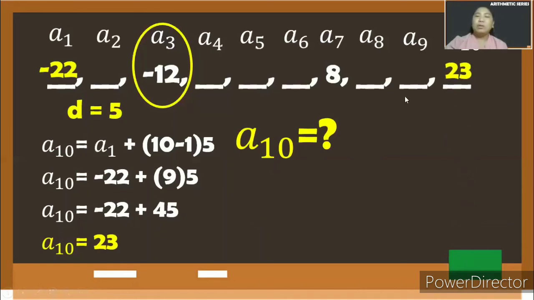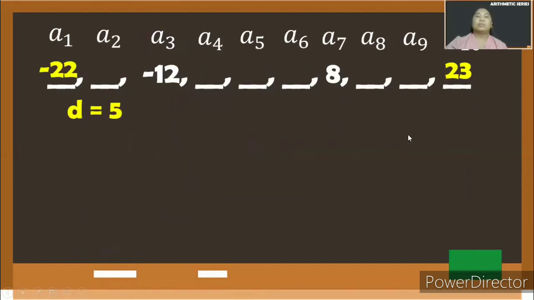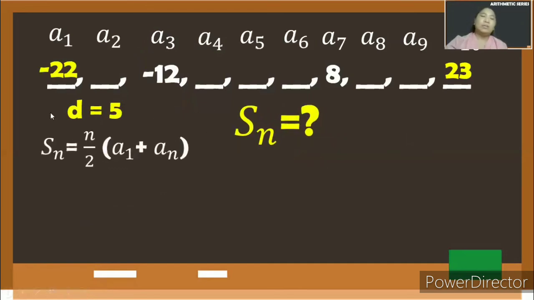So now we can already get the sum of these 10 terms. What is the S sub n? Using the formula for this arithmetic series, S sub n is equal to n over 2 multiplied by the quantity a sub 1 plus a sub n. So this is our solution now. S sub 10, why 10?